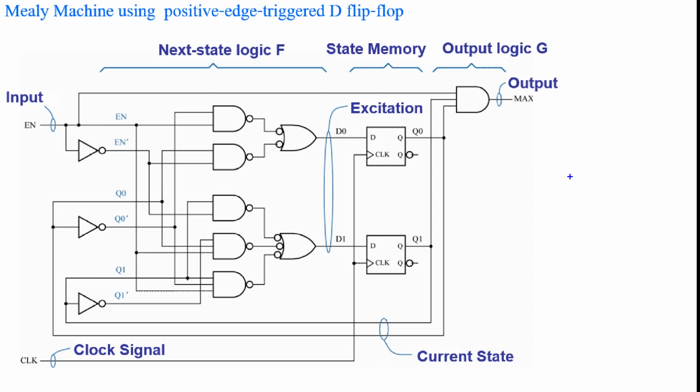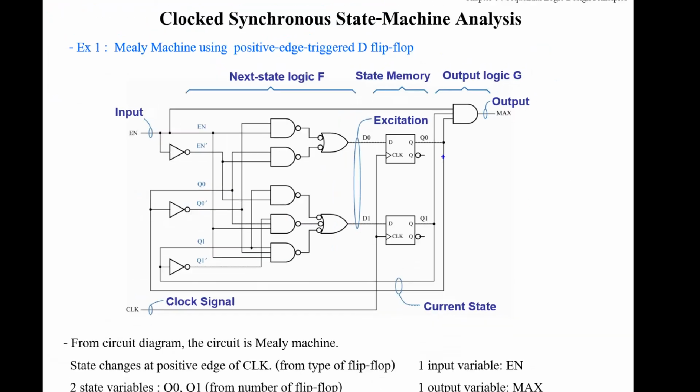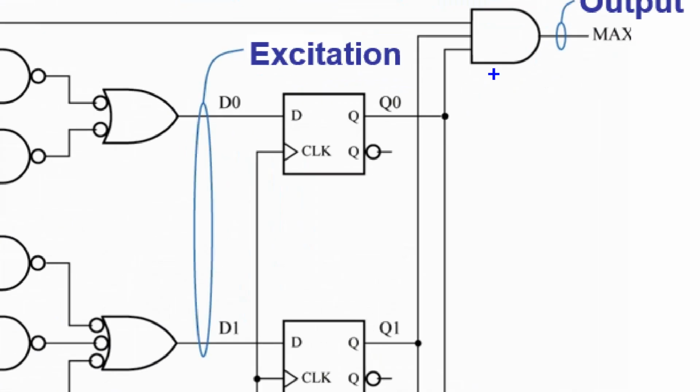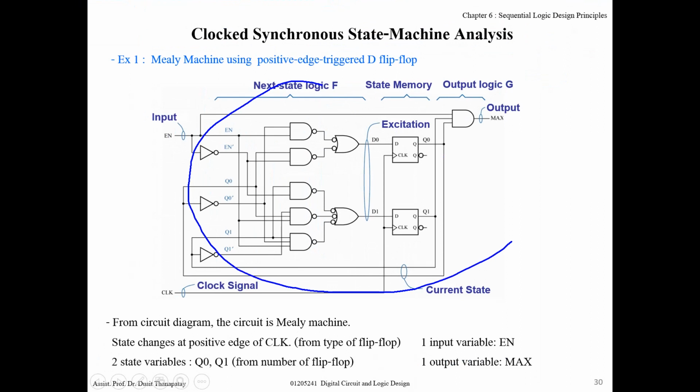Okay, now let's do the analysis. What is the result of circuit analysis? For analysis, normally we give you some circuit. When you analyze, you must know the relationship between output and input in general.